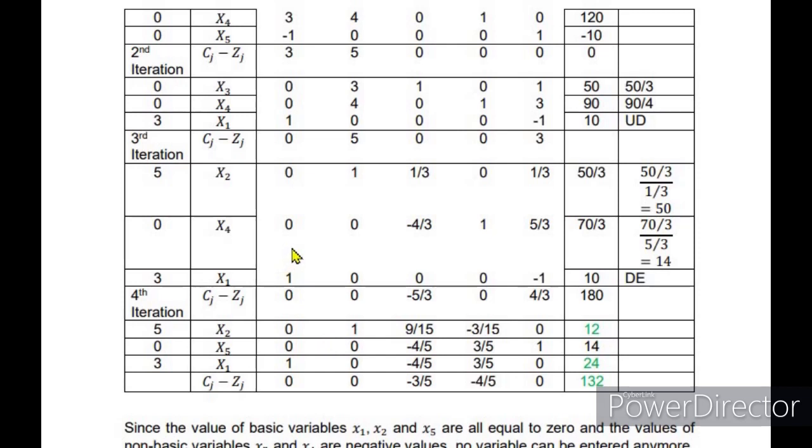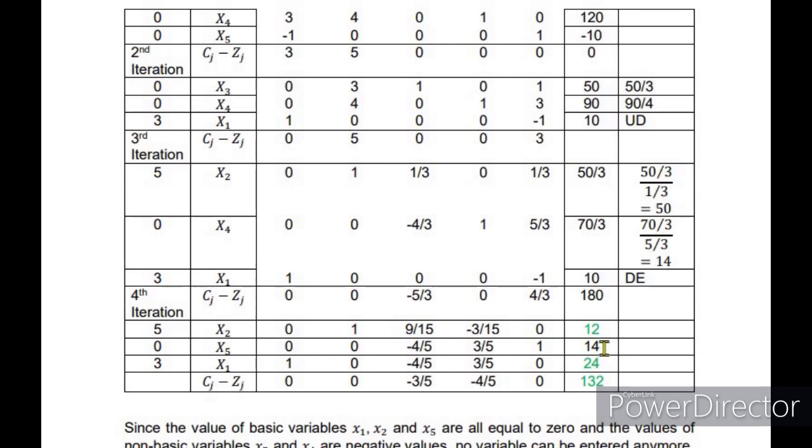So 0 divided by 5/3 is 0. 0 divided by 5/3 is 0. So negative 4/3 divided by 5/3 is equal to negative 4/5. Then 1 divided by 5/3 is equal to 3/5. 5/3 divided by 5/3 is 1. 70 over 3 divided by 5/3 is equal to 14.